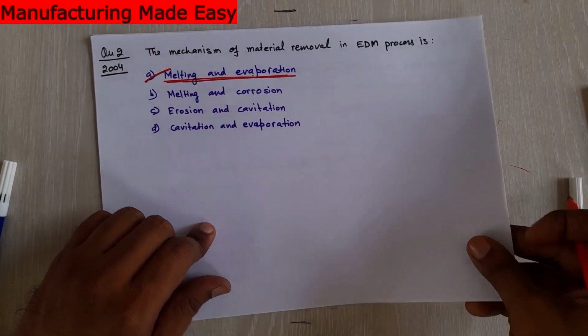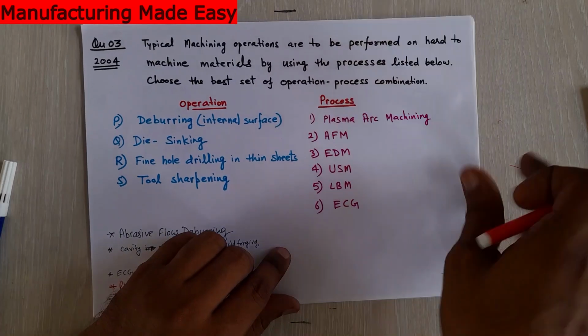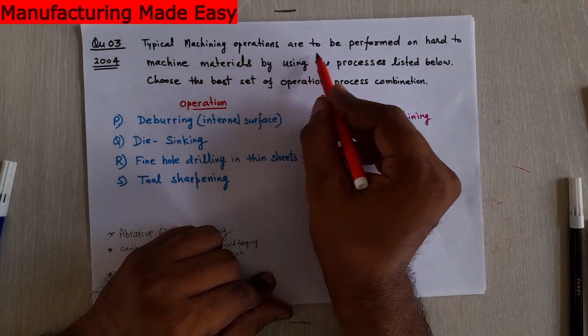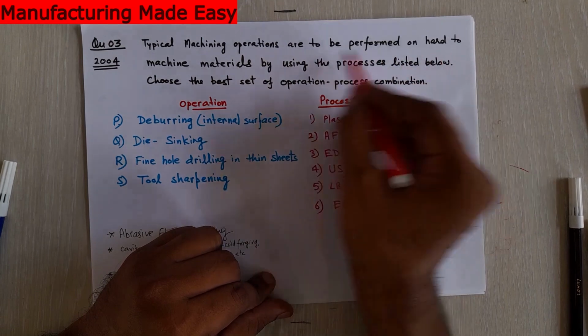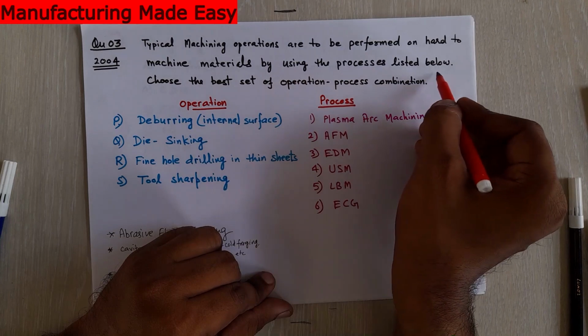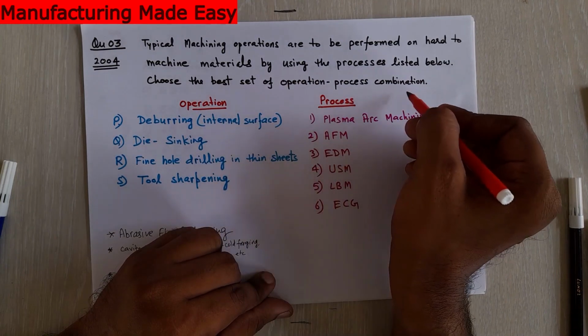Next, third one is the typical machining operations to be performed on hard to machine materials by using the processes listed below. Choose the best set of operation process combination.